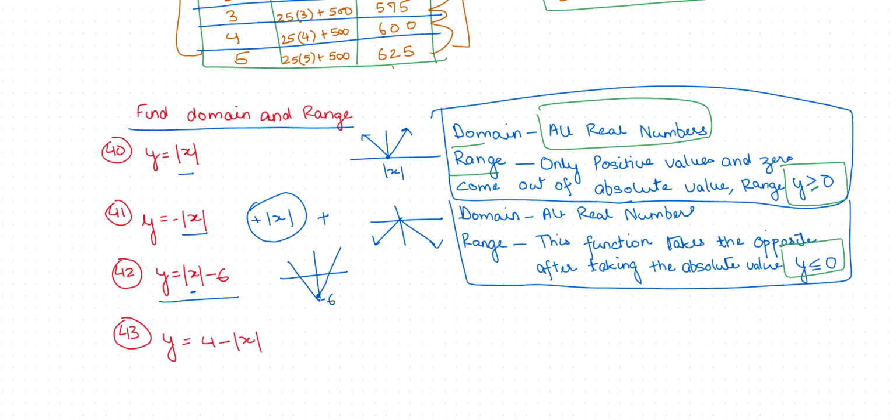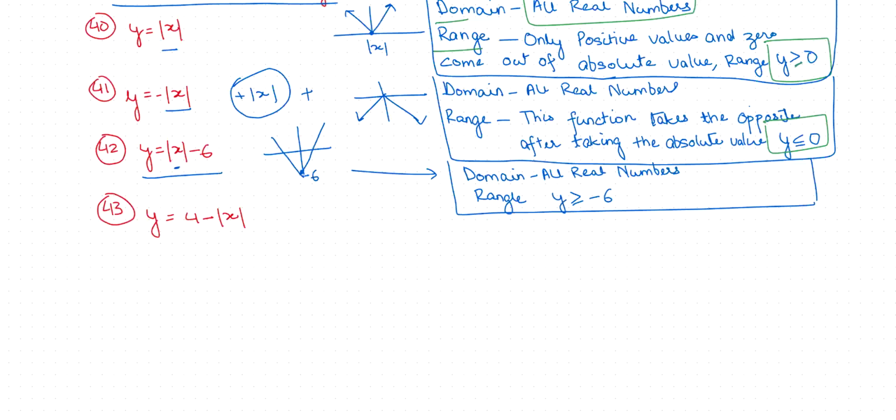So y will be greater than or equal to -6. So for 42, we saw that the domain is all real numbers and the range is greater than or equal to -6. It moves 6 units down. So this function subtracts 6 after taking the absolute value.